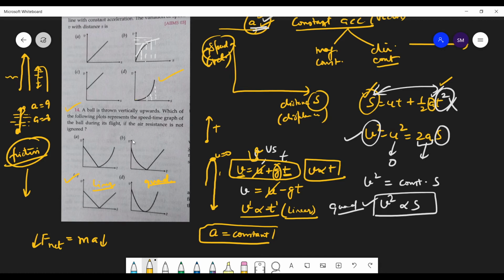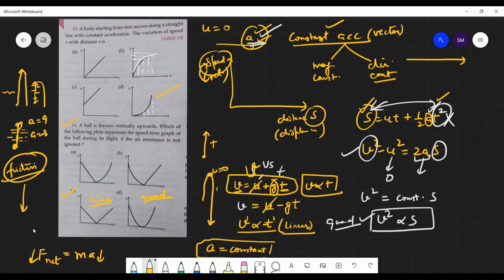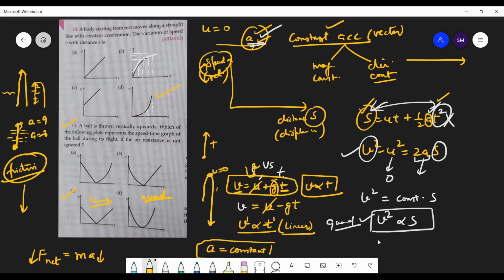So if air resistance, see it depends on the relation like I told you. So what do you think? Those who are telling D answer, do you have any particular logic to tell how air resistance is going to impact?